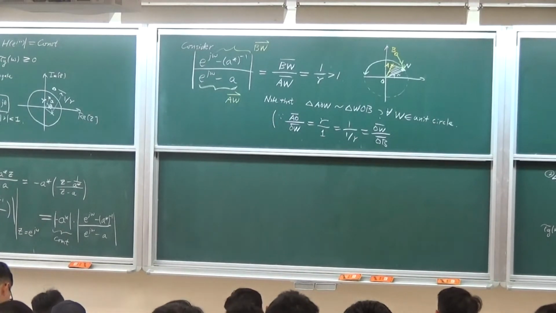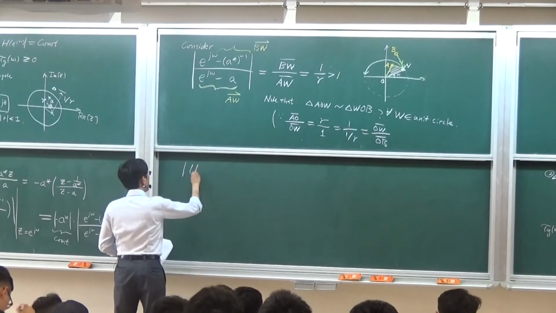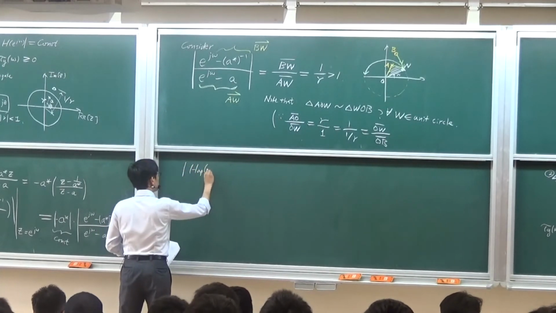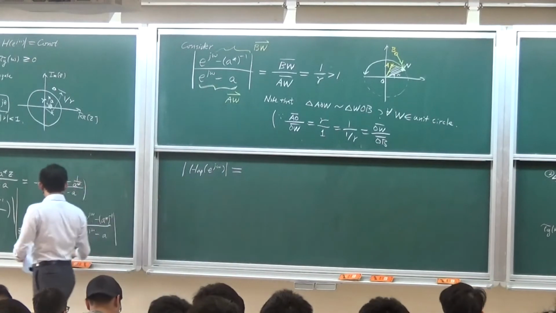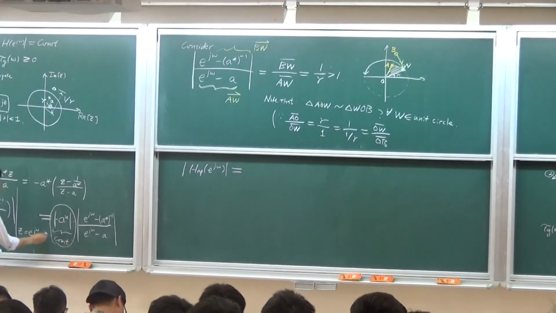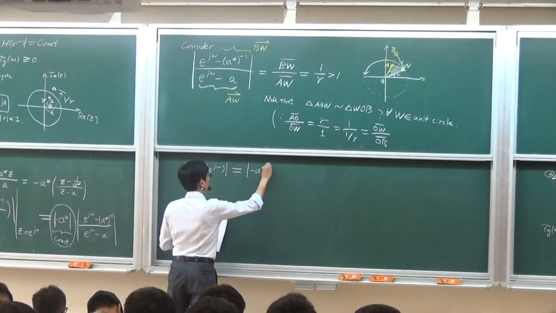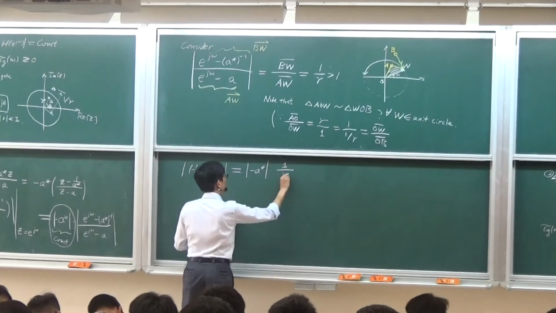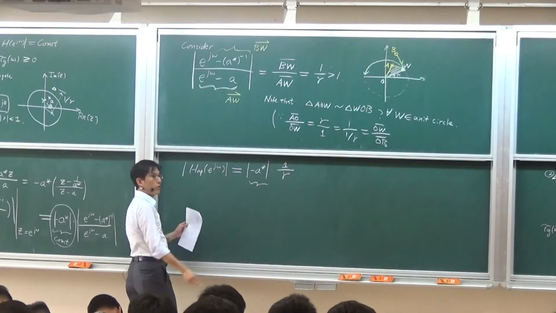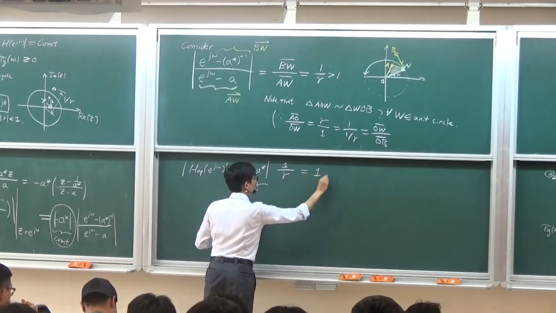To summarize, the overall magnitude response is going to be this part, do not forget this part, minus A conjugate times 1 over R. And it turns out that this thing here is R, so R times 1 over R gives us 1.